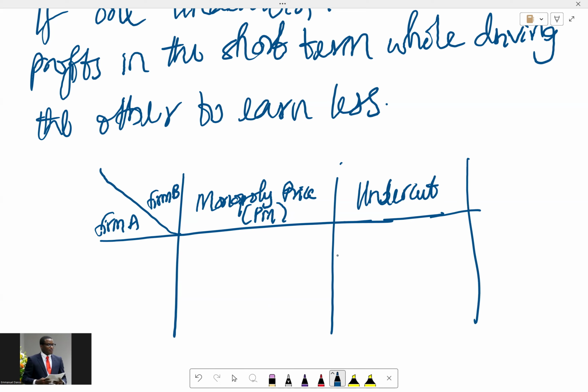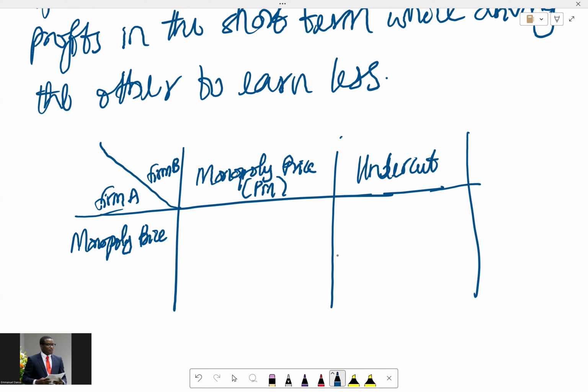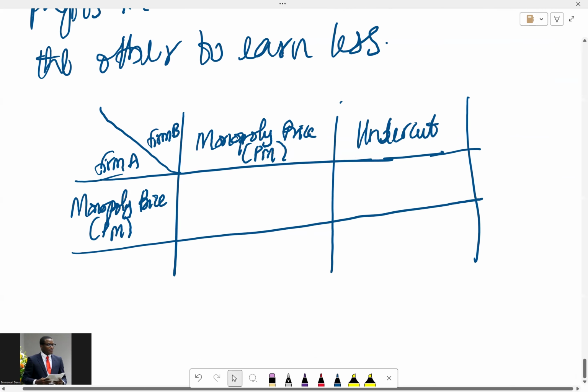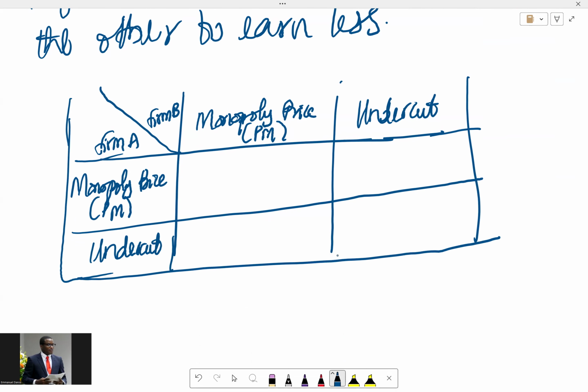Same happens here. We have monopoly price, which is P sub M. And then we have the undercut, which confers undue advantage on whoever undercuts. So something like this.